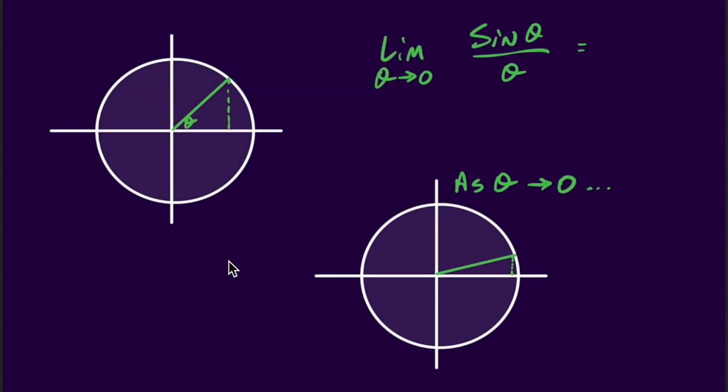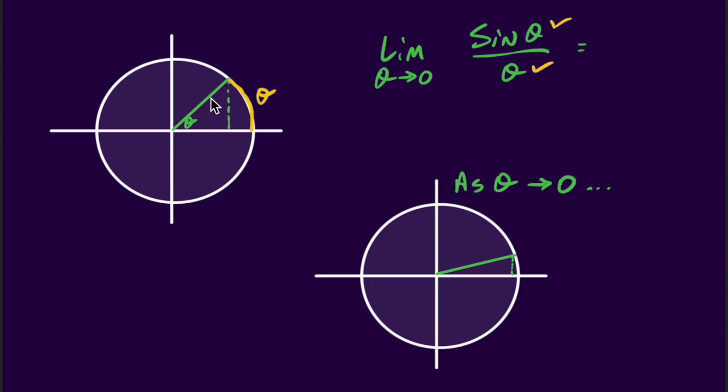Okay, like we just spoke about, this dotted line represents sine of theta. That's here in the numerator of our limit. And we know that this arc length represents theta, which is in the denominator of our classic limit. Now, folks, look what happens as theta goes to 0.